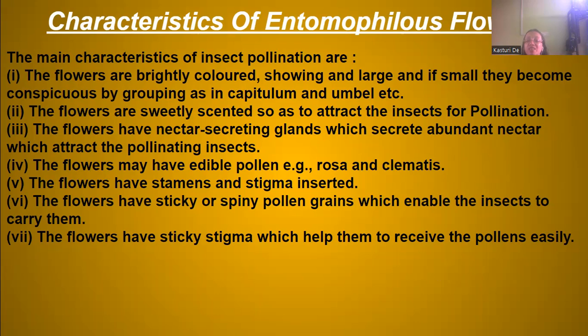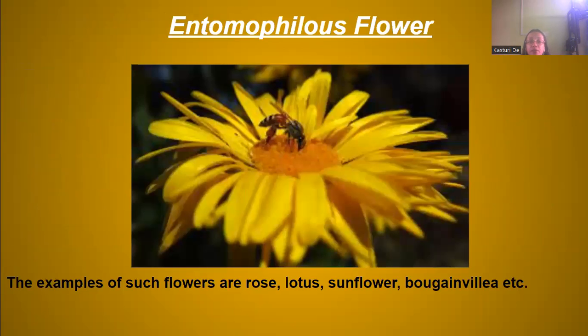The flowers have sticky or spiny pollen grains, which stick to the body of the insect very easily. The flowers also have a sticky stigma, which helps them receive the pollen grains easily.